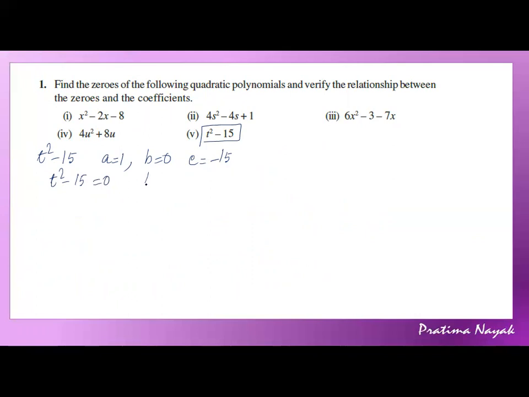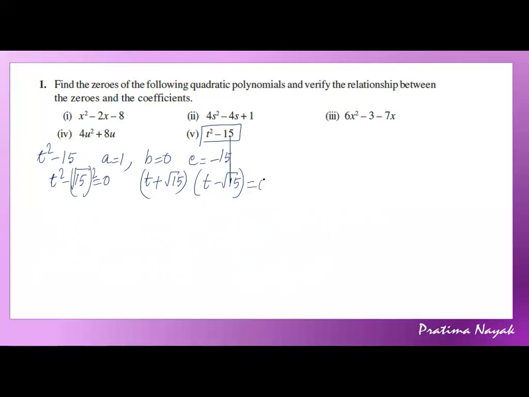So it can be factorized as t plus under root 15 into t minus under root 15, a plus b into a minus b. 15 means it is root 15 square.